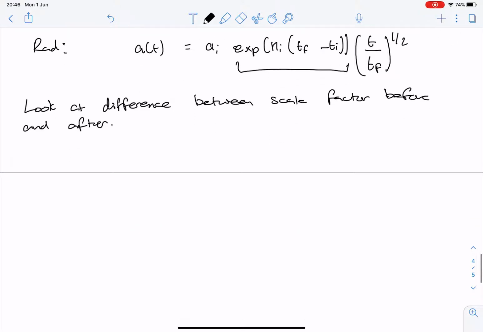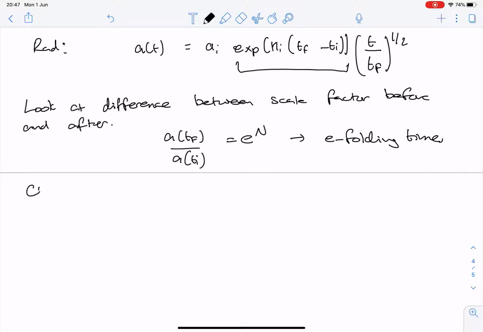You call that a(t_f) over a(t_i), and we'll say that's e to the N. And if you look at this little exponential here, this is what's called the number of e-folding times. And you can think about this because you've got the change in the scale factor is the exponential of H_I times, let's say, (t_f over t_i minus 1).